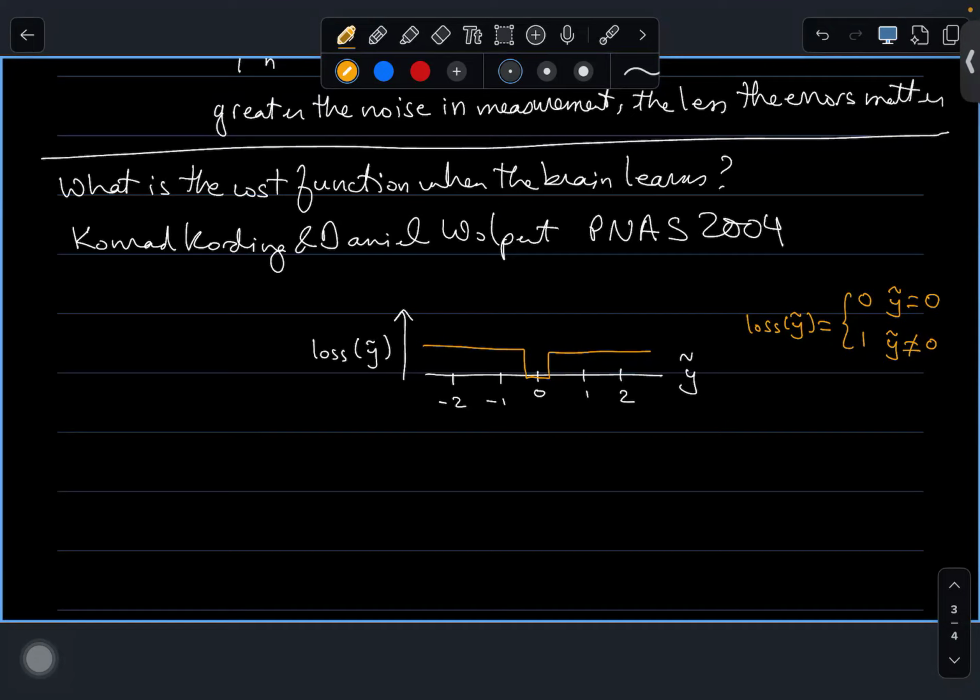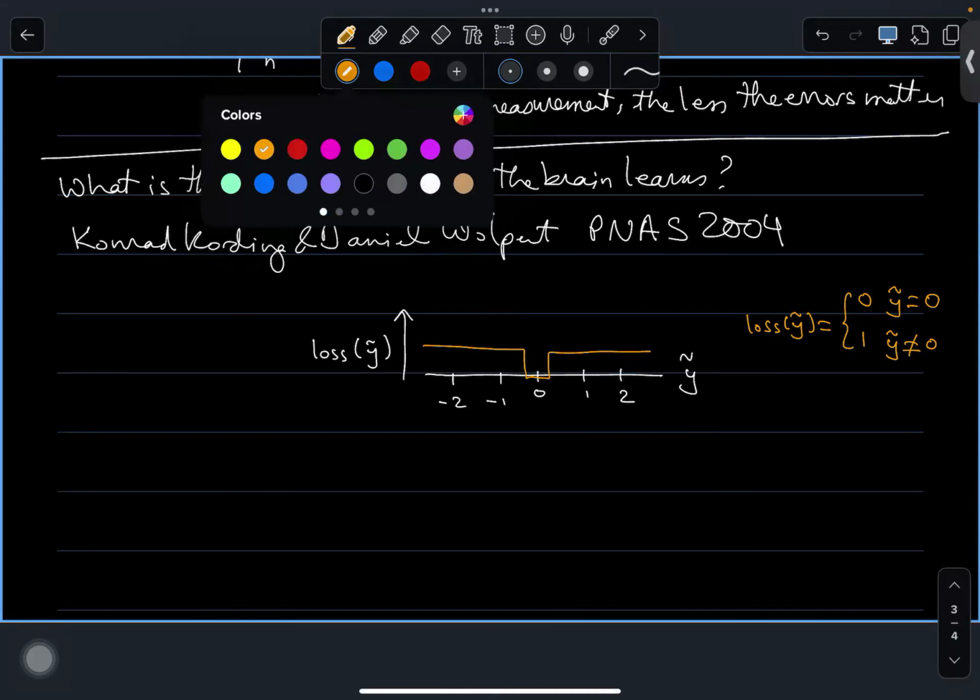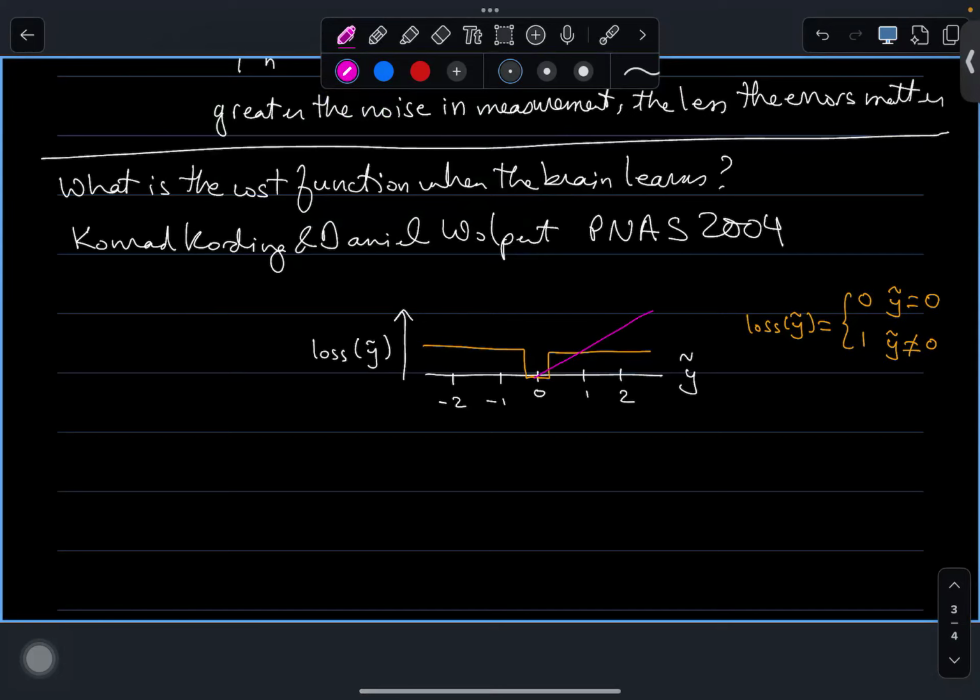Let's pick another kind of loss. I can also have a loss that's sort of linear, looks like this. So this is like the absolute value.